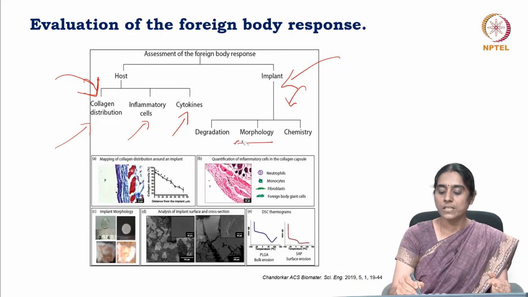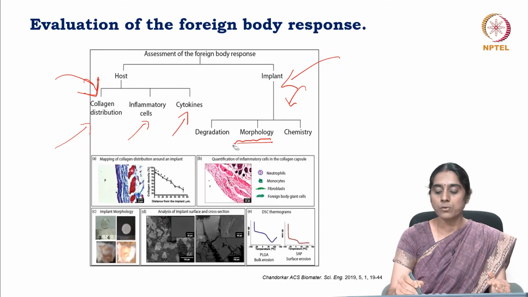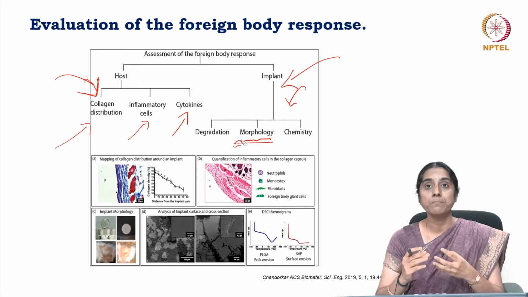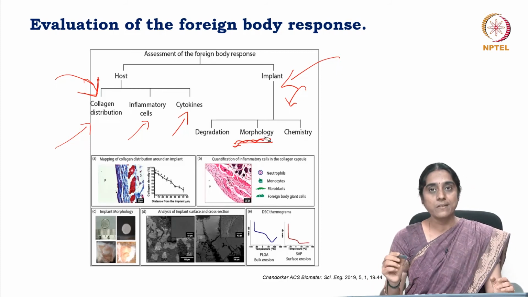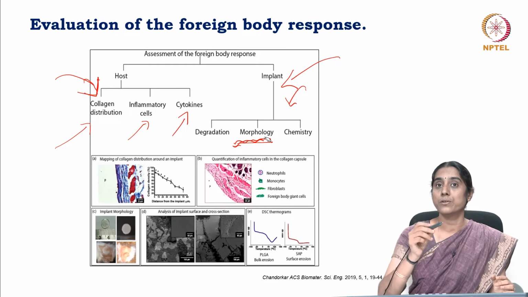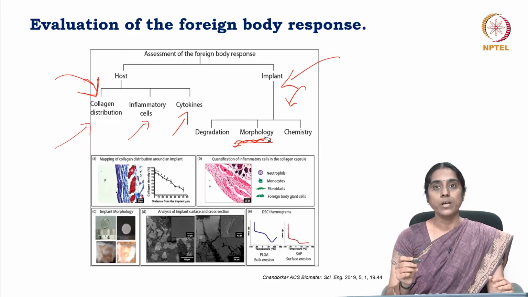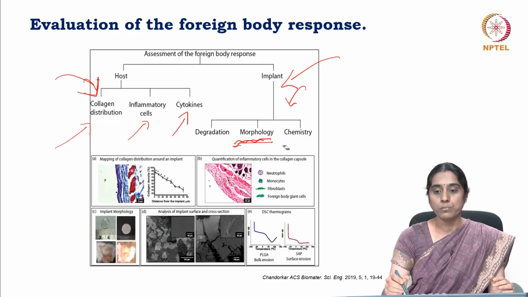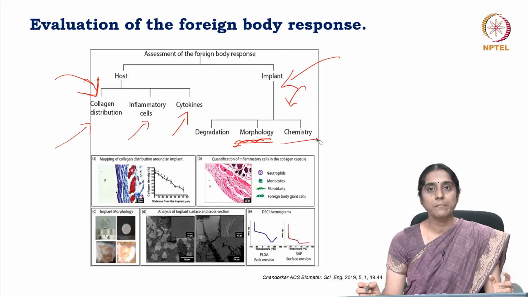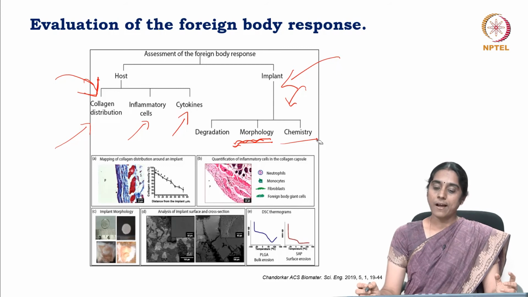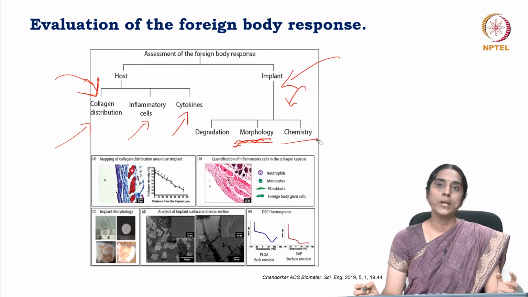So, morphology, usually rod shape is going to cause more activation. So, we can study the morphology and say whether it is going to cause high or low foreign body response. Similarly, the chemistry of the implant material will also give us an idea about how strong the foreign body response is going to be.